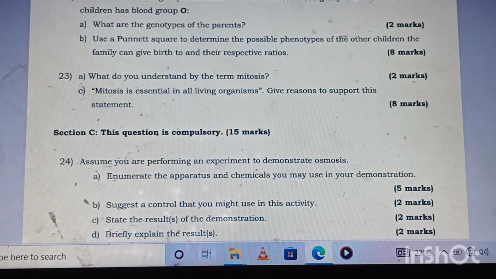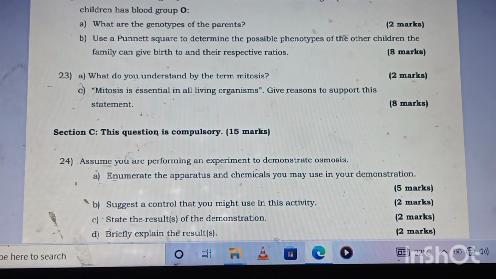After a minute, water will move from the beaker to the Irish potato. That is water.